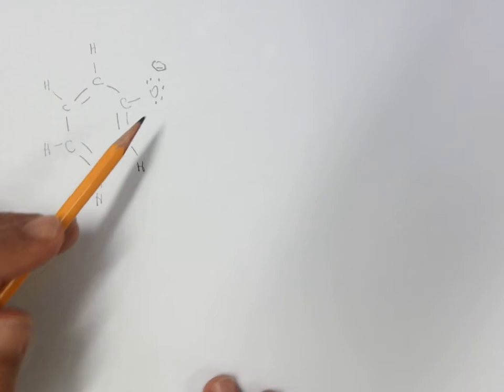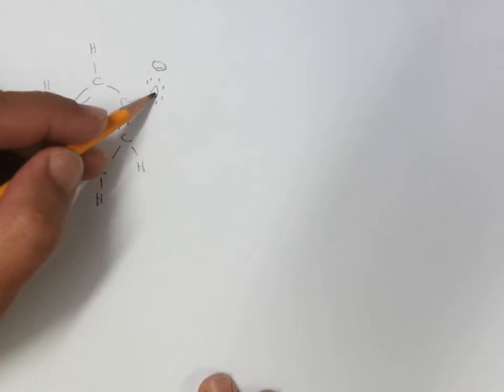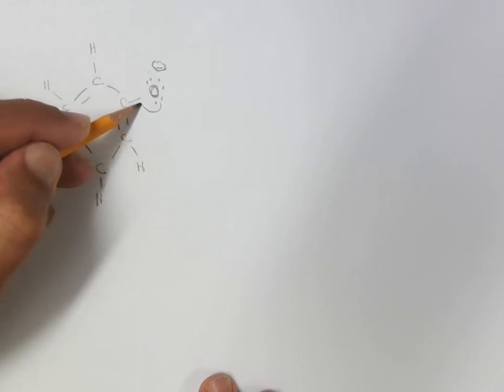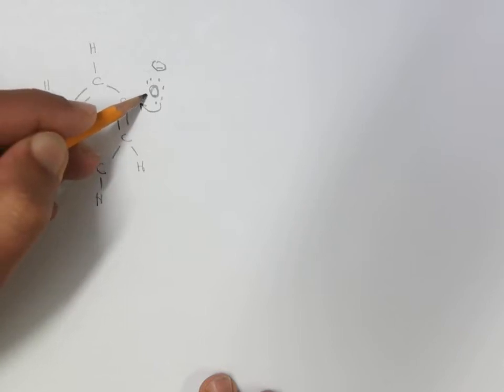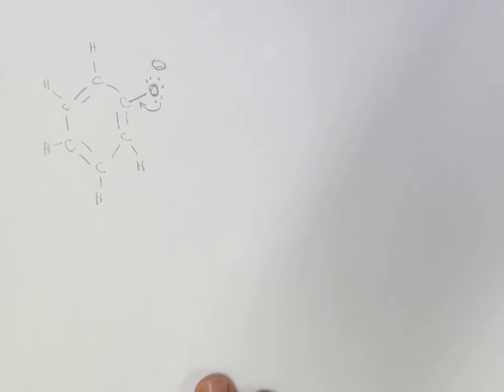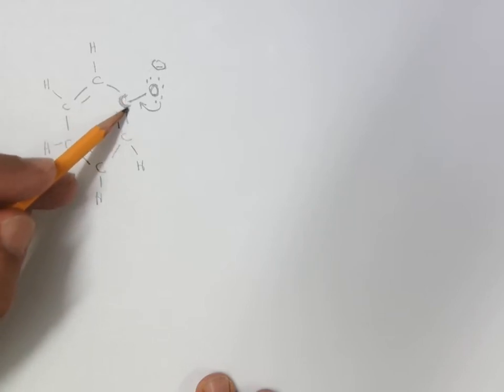Alright, so this oxygen has the negative charge right now, but one way to move the negative charge away from this oxygen is to move a lone pair in to form a bonding pair and make a multiple bond between this carbon and this oxygen. And if we do that, that would mean that this carbon has more than 8 electrons around it because it's already got 8.